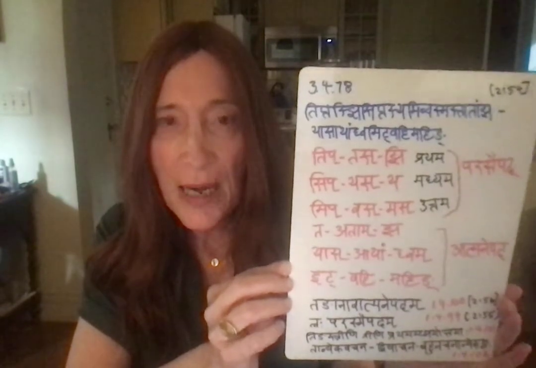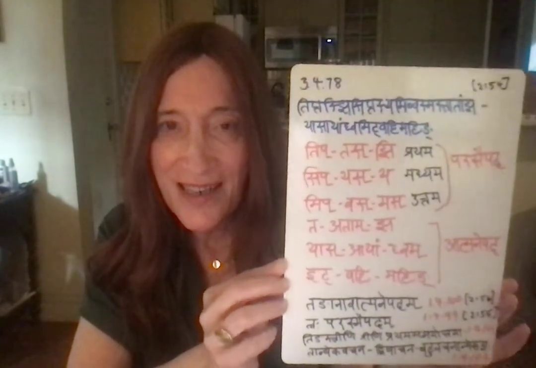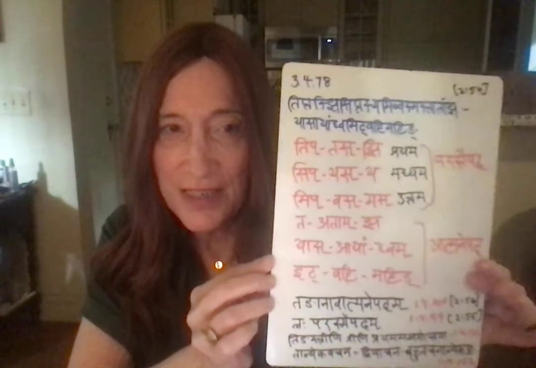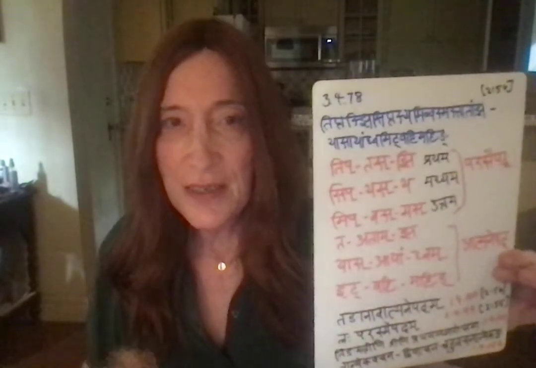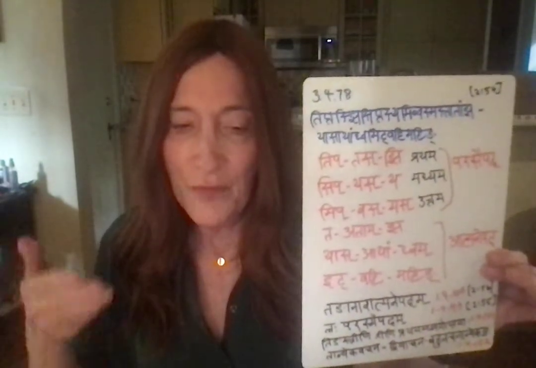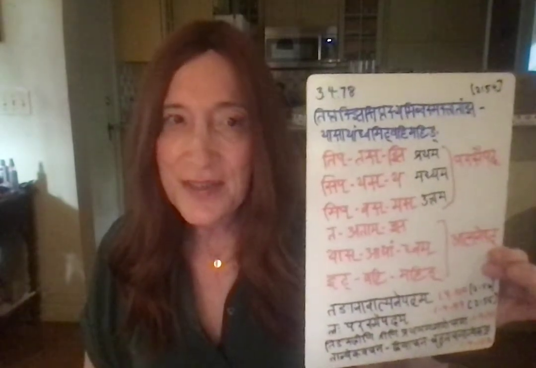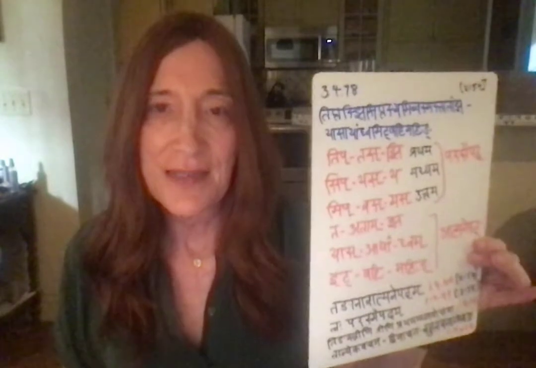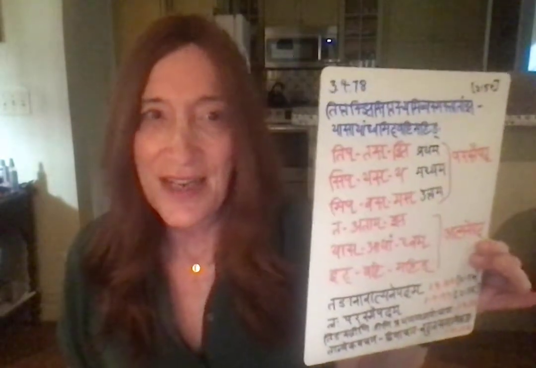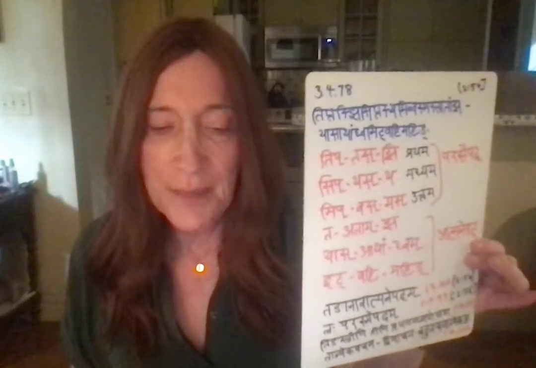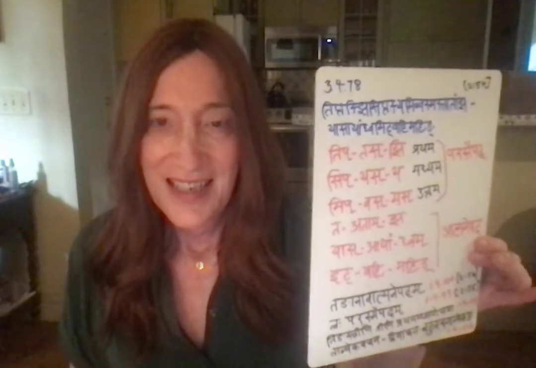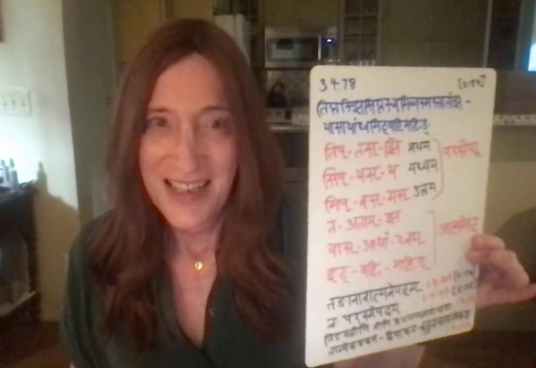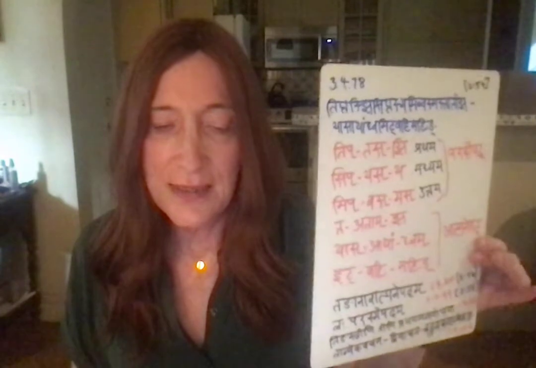But this is just the beginning of the marvelousness of this, and beginning to see the power of what you've already done. Because it's not just a random list of all of the verbal endings. Let's take a little look. First we have tip, tas, chi. Then we have sip, tas, ta.